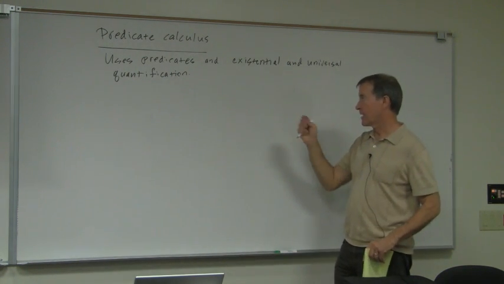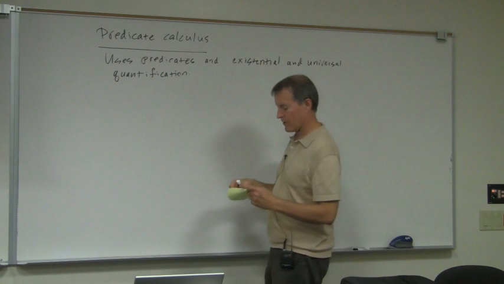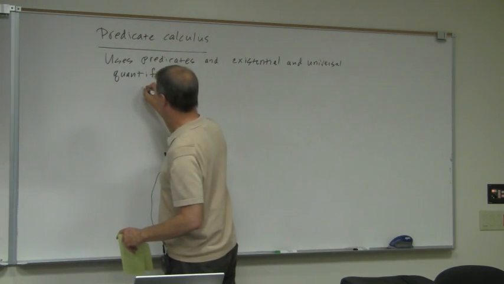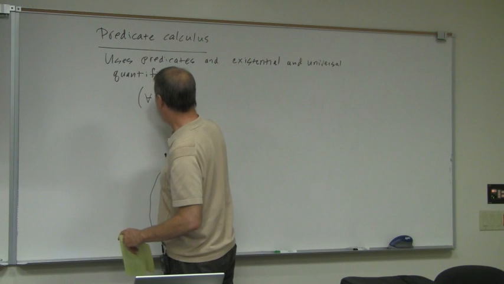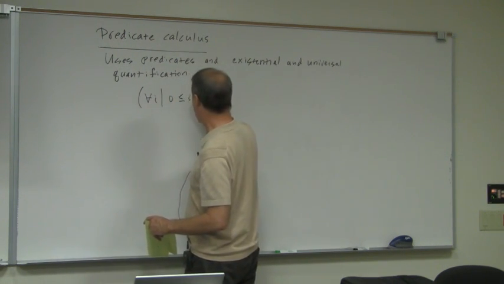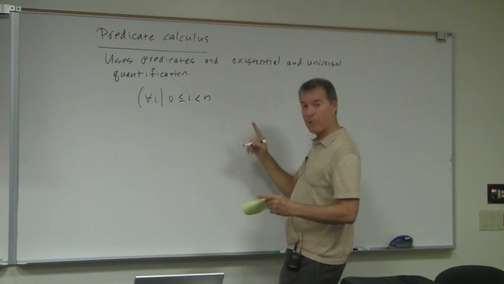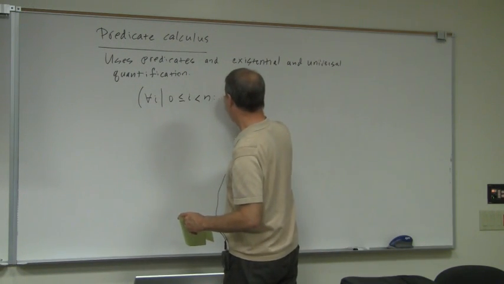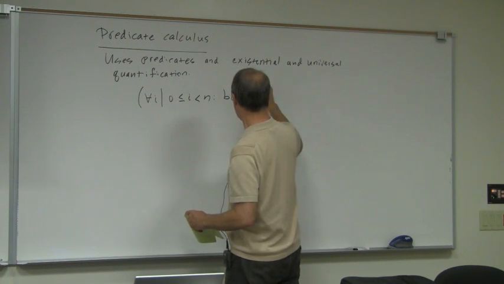So, let me give you an example of universal quantification. Consider this: for all I, range 0 less than or equal to I less than n, body b sub I equals 0.